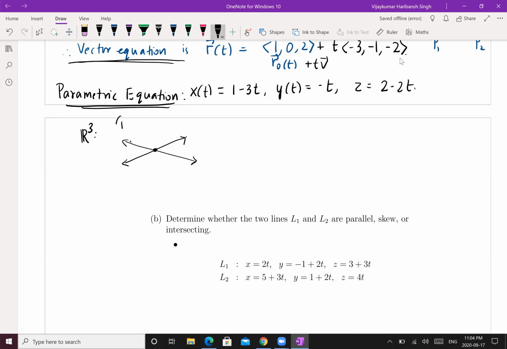Option 1 is that they intersect. The second option is that they are parallel. The third option is that they are not parallel, meaning the directions are not the same, and they do not intersect either.